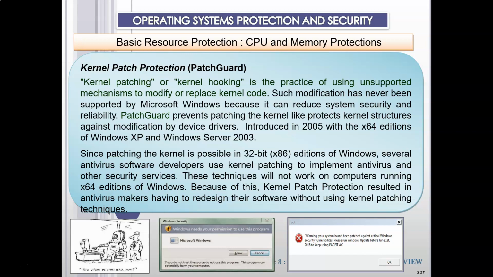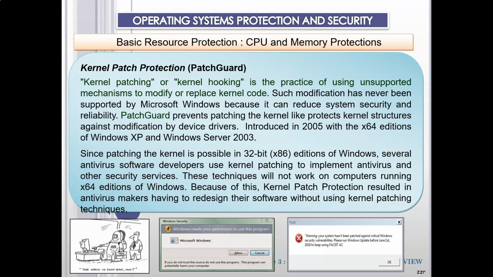By definition, kernel patching is the practice of using unsupported mechanisms to modify or replace kernel code. Such modification has never been supported by Microsoft Windows because it can reduce system security and reliability. However, there is PatchGuard that prevents patching the kernel, protecting kernel structures against modification by device drivers. It was introduced in 2005 with the 64-bit edition of Windows XP and Windows Server 2003.